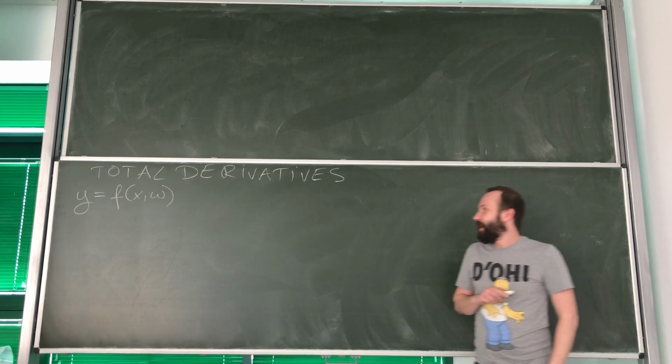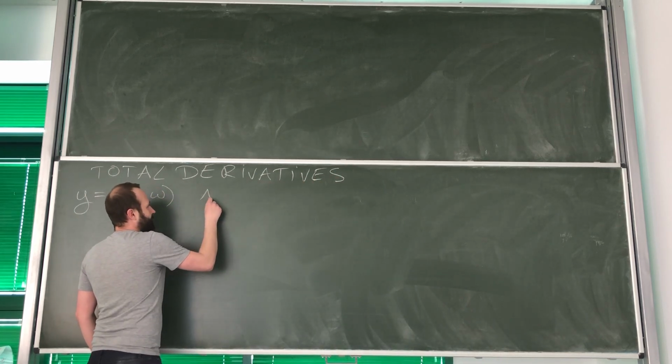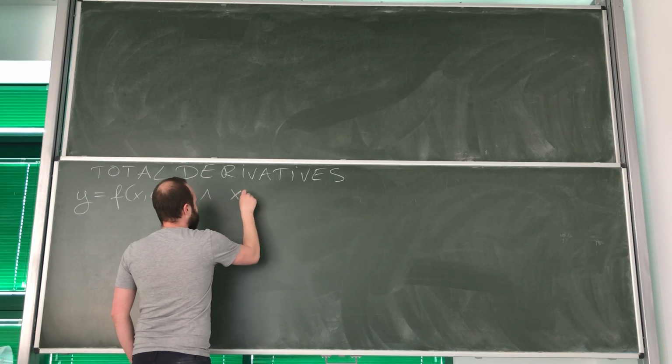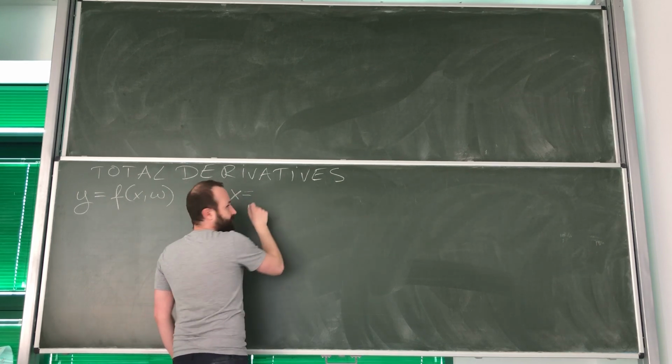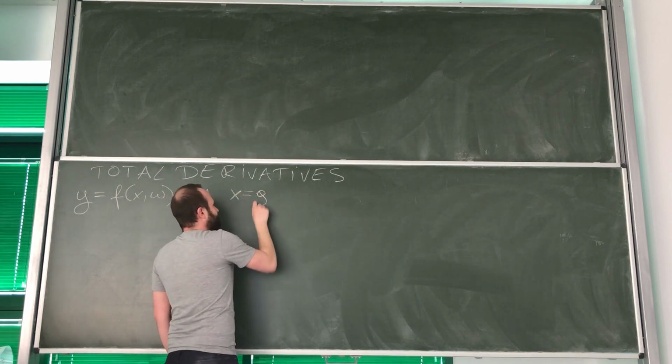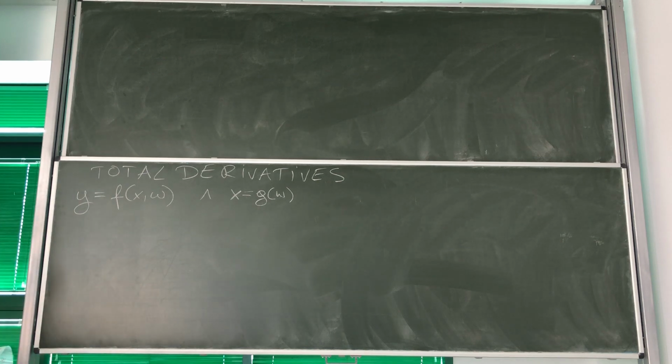However, there is one thing we haven't considered yet. What if x is also a function, let's just say g of w. Okay, so look, what do we actually have in here?